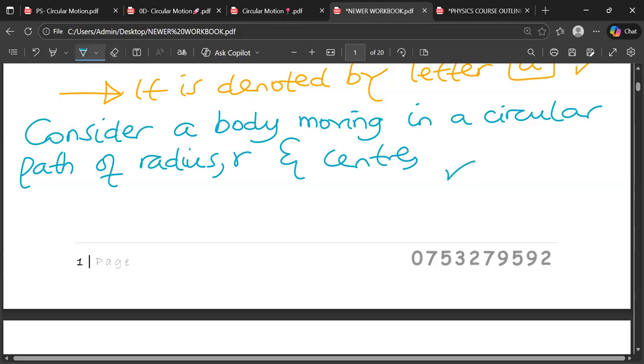The rest of the things we talked about them before, the ones of the body moving from A to B. We're going to see everything.